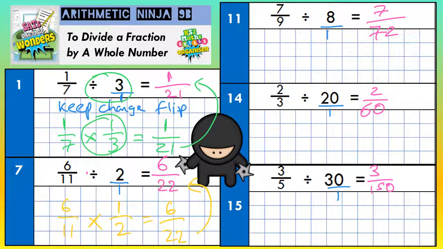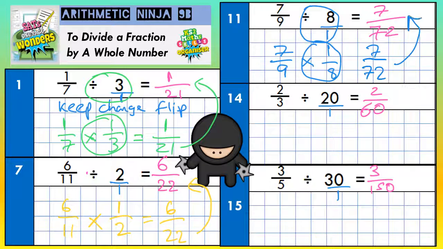The next one, keep, change, flip. Keep the 7/9 the same, change the divide for a times, and flip the 8 over 1 to be 1 over 8. Because dividing by 8 over 1 gives you the exact same answer as timesing by 1 over 8. Top times top, 7 times 1 is 7. Bottom times bottom, 9 times 8 is 72. Again, we've got exactly the same answer as before.